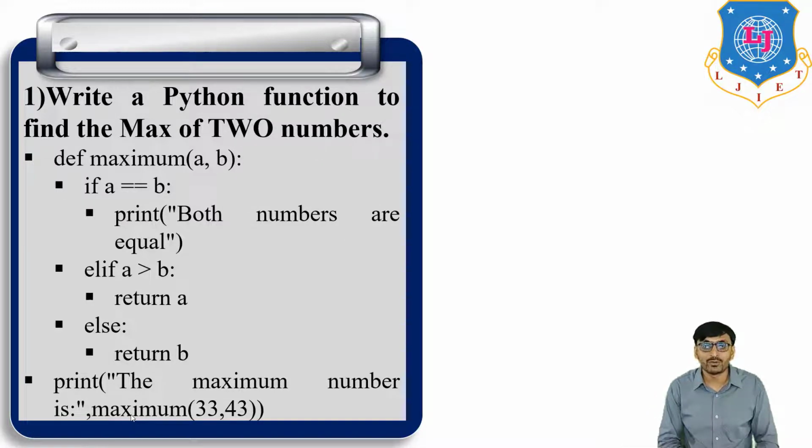Without function calling, no output is generated. Here 33 is assigned to a and 43 is assigned to b, so 33 and 43 are actual arguments, and in the first step a and b are formal arguments.